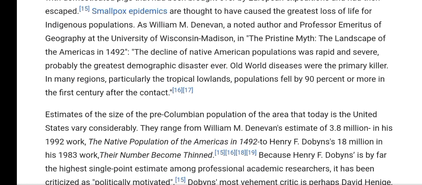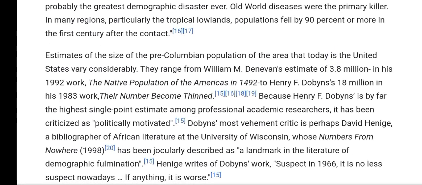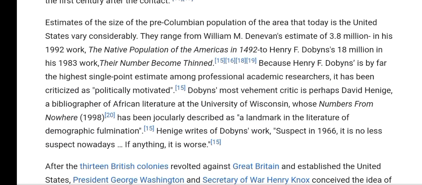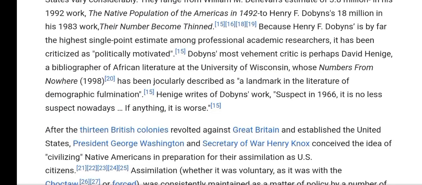This number is disputed because Dobyns is often criticized as politically motivated, and Denevan's most vehement critic is perhaps David, bibliographer of American literature at the University of Wisconsin.